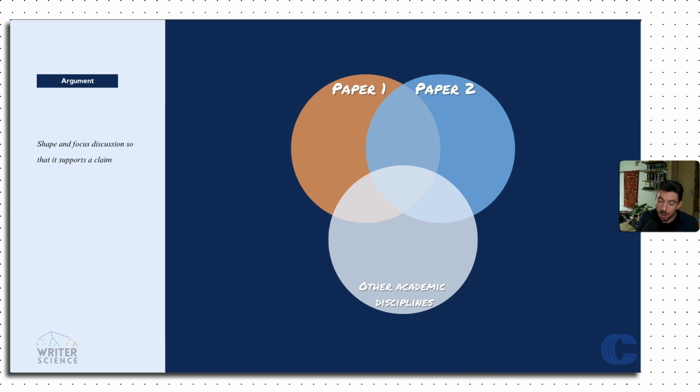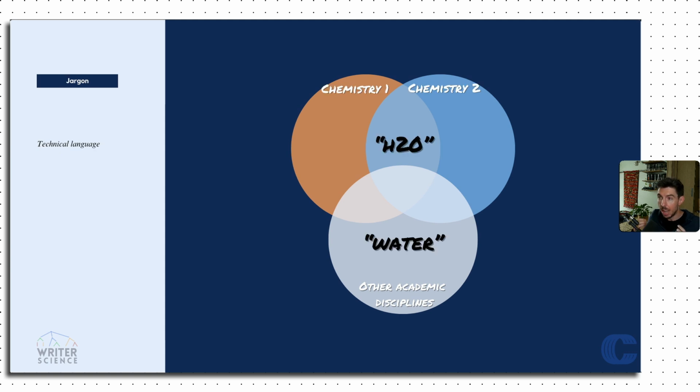Now, this doesn't mean you need to analyze five more papers, but you just need to keep your focus on the unique features of these papers, which are different than those. So you can imagine, for example, if I was analyzing these two articles from chemistry, I would imagine that in chemistry papers, they would be using the phrase H2O.